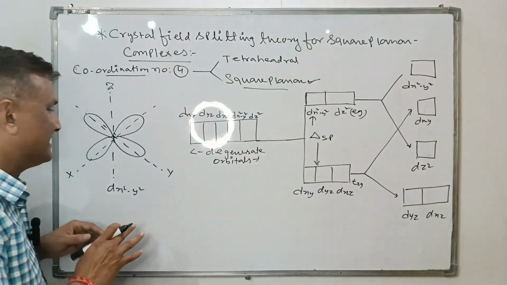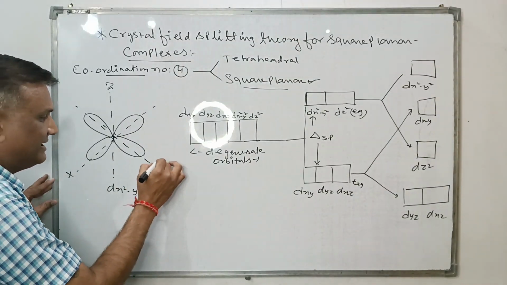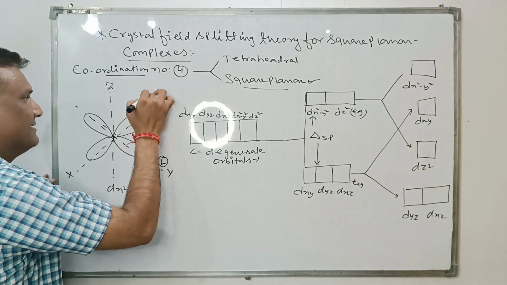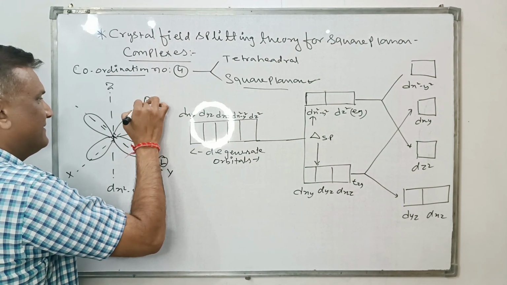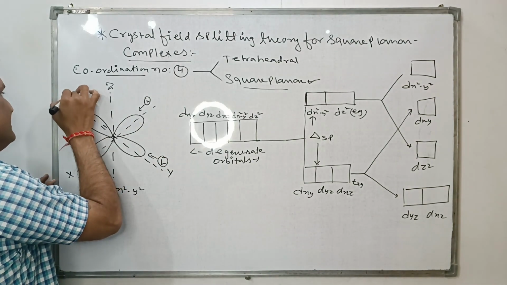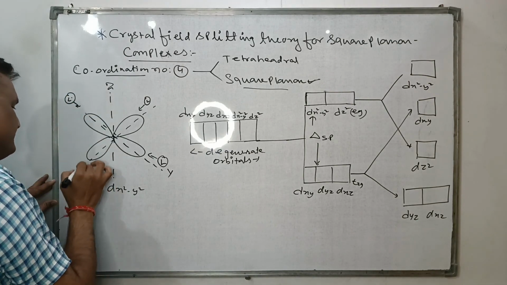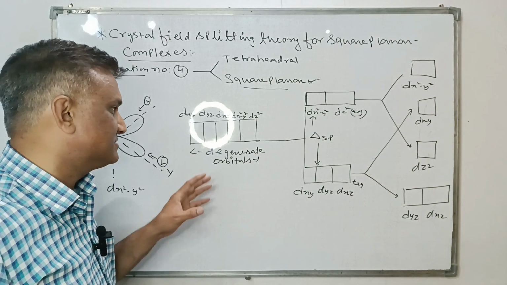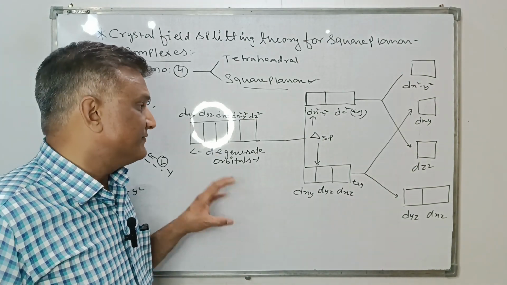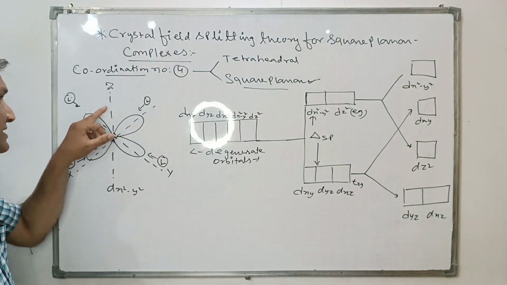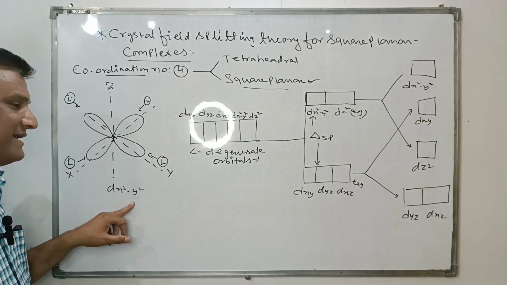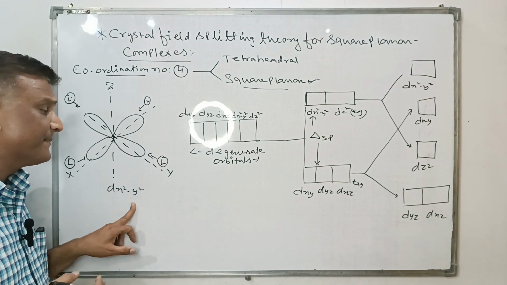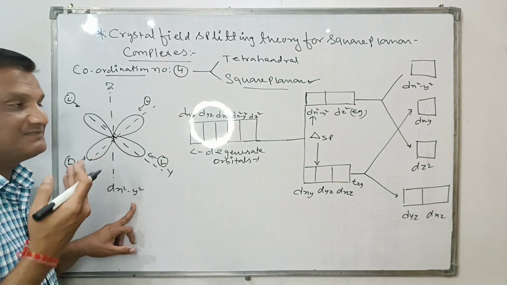Whenever ligands come closer, here is the ligand L, again a ligand, again your ligand, they come closer for the formation of the coordinate bond. As we know, the z axis and dx square minus y square lobes are not along these axes, so repulsion will be less and they have more stability.